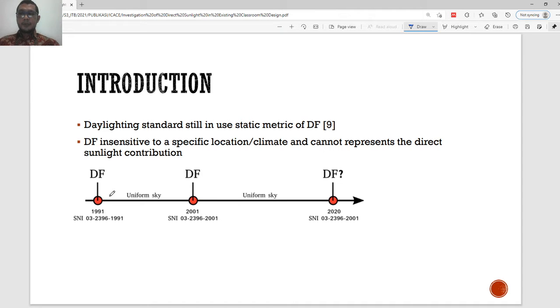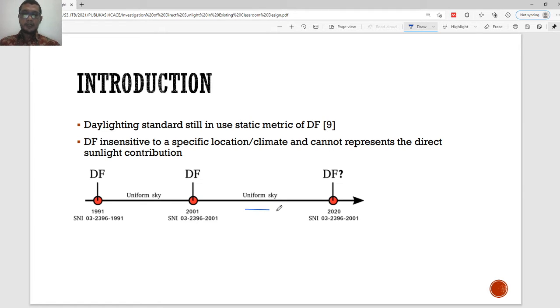And also, the lighting standard still in use in Indonesia today is the static metric of daylight factors. As you can see from the image below, the first one available is from 1991, then revised in 2001.